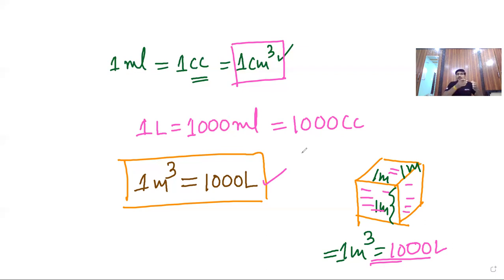In 1 cubic meter capacity of volume, 1000 liters will be present. And have the clarity that 1 liter is 1000 ml and 1 ml is equal to 1 cc. That means 1 liter is indirectly 1000 cc.